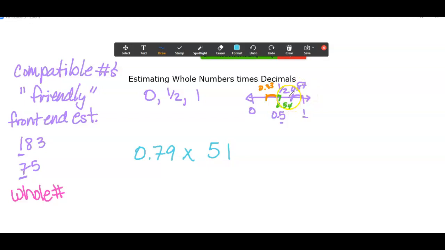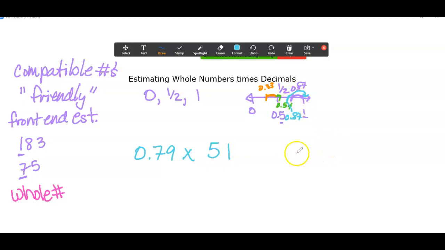Well, I know 79 hundredths has to be really close to 87 hundredths. In this case, it is close to half, and it also is close to 1. And since we're dealing with decimals, if we have something that's super close, we really could go either way. So I'm going to say that 79 hundredths is closer to 1.